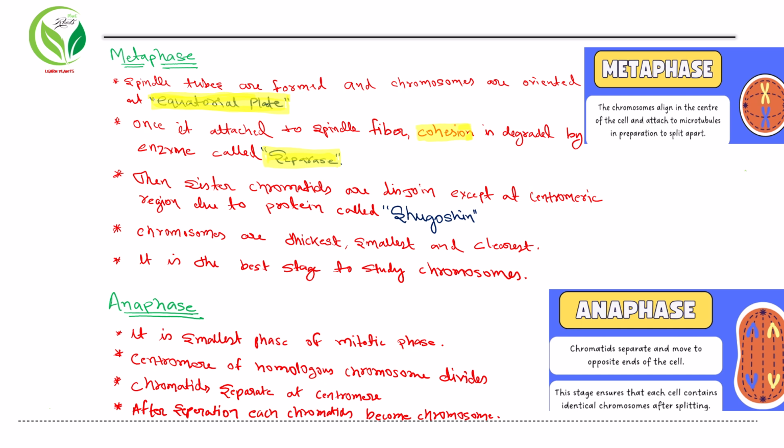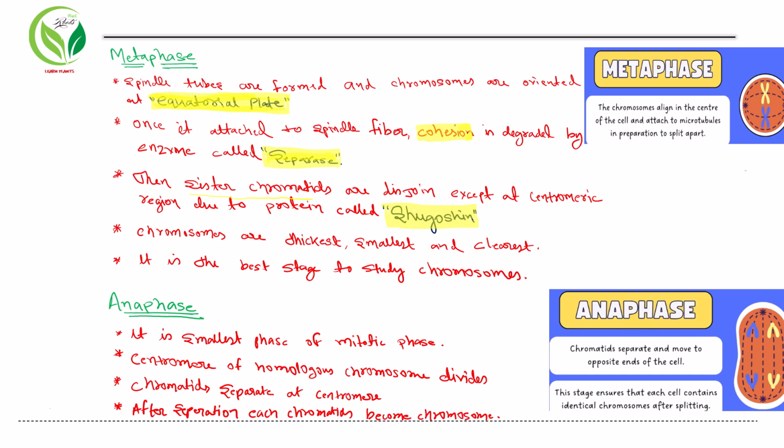Next, sister chromatids disjoin except at the centromeric region, due to a protein called Shugoshin. So sister chromatids are disjoining, but not at the centromeric region. Why is it excepting the centromeric region?